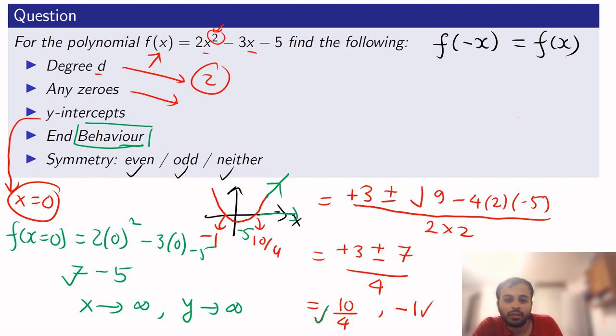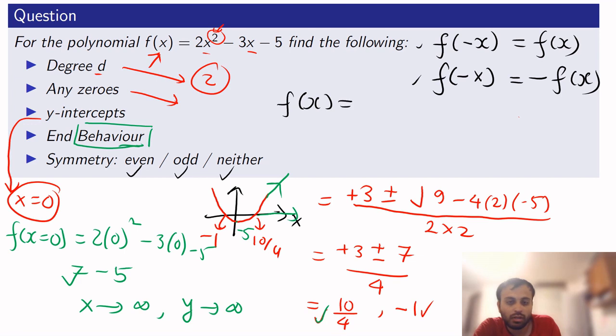What is an odd function? If you put x equals minus x, then what you get is minus of f of x. And what is neither? If none of these conditions are satisfied, then the function is neither even nor odd. For this, we know that f of x is equal to 2x square minus 3x minus 5.